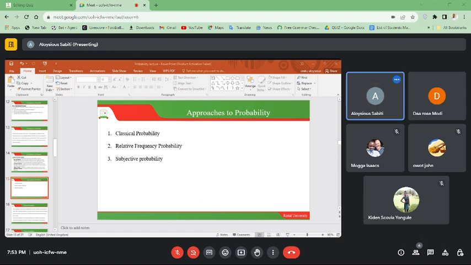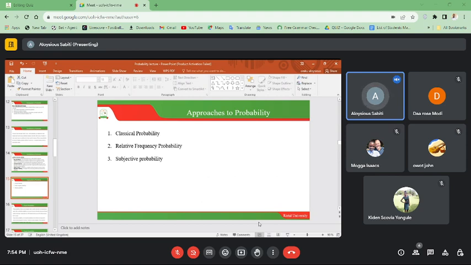Okay. So what happens in that example of a dice is that we are trying to show you the different outcomes that result from what we call tossing a dice, which is an event.